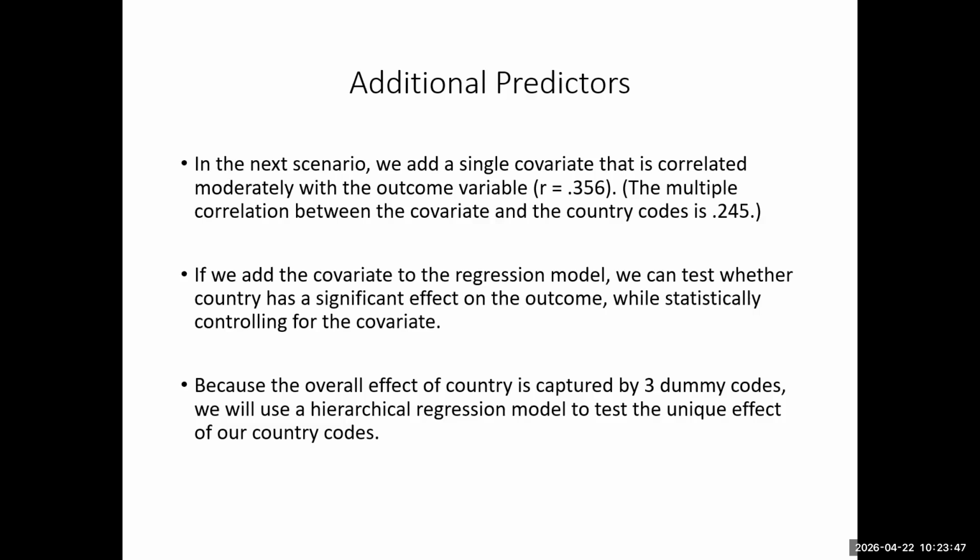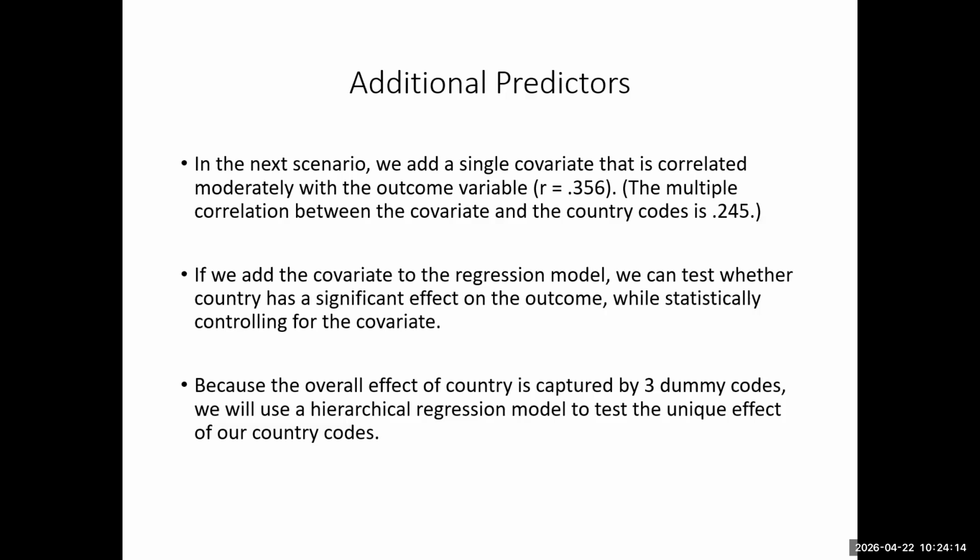Okay. So now when we add the covariate, we can examine 2 things simultaneously. We could examine whether or not the country codes account for significant incremental variance in collectivism over the effect of the covariate. And we could also examine whether or not the covariate accounts for significant incremental variance in collectivism over the country codes.